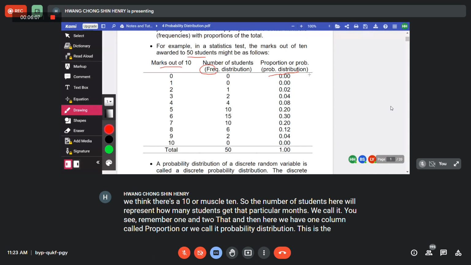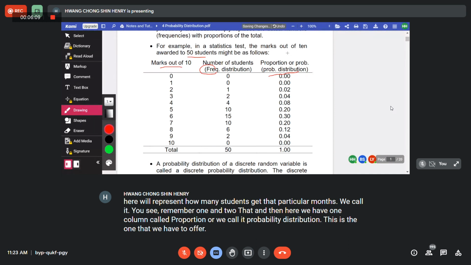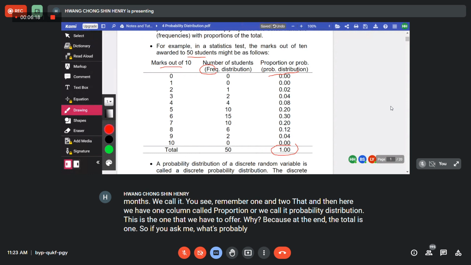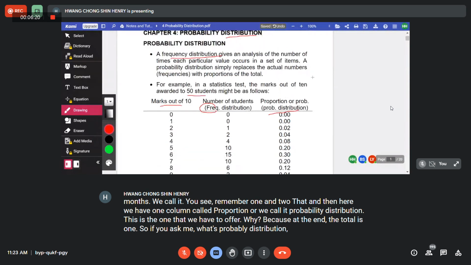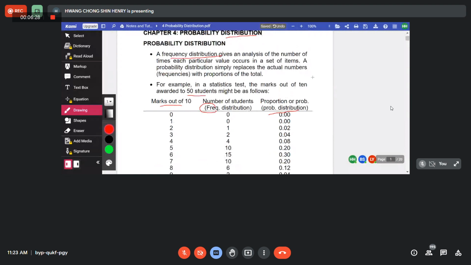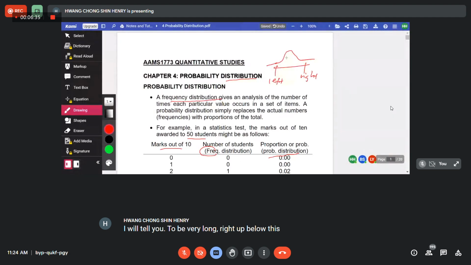This is the one that we have to focus on. Why? Because at the end the total is 1. Below this normal curve, all these are probability.